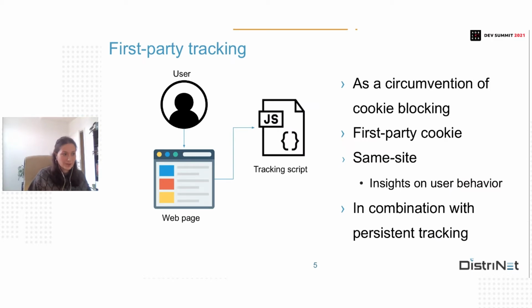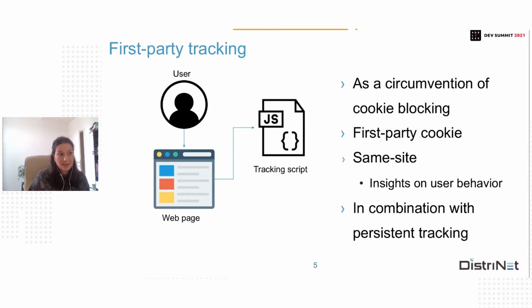As a reaction to the upcoming tools, trackers themselves try to come up with new ways to still be able to track users on the web. One of those ways is first-party tracking, which is meant as a circumvention of cookie blocking.